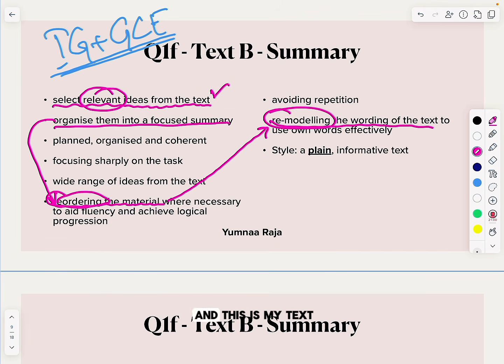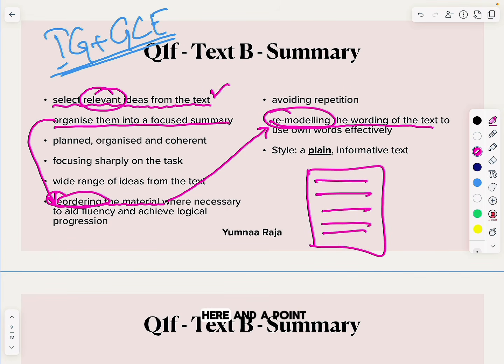Reordering means that if I have a text and the points are in this order, am I allowed to pick a point from here and a point from here and merge them together? Absolutely yes. In fact, examiners recommend that I do this. Now I'm going to say this again.